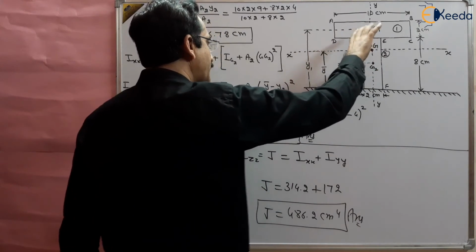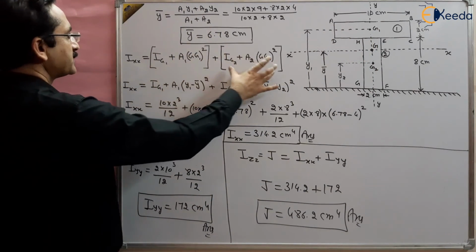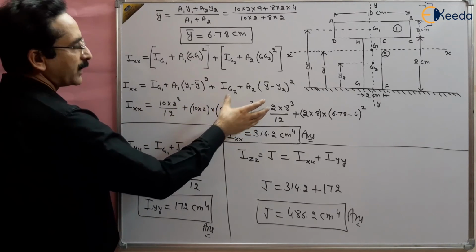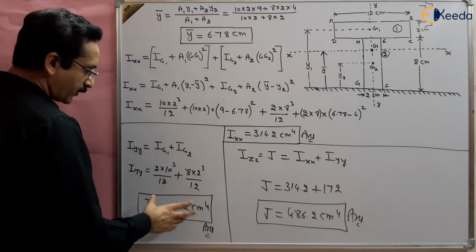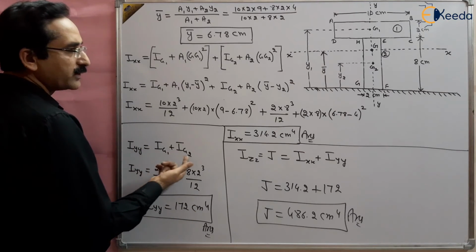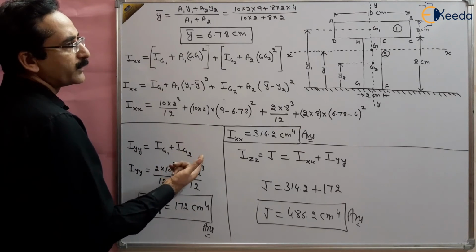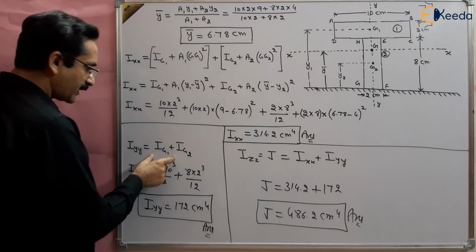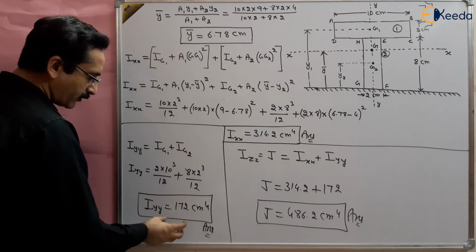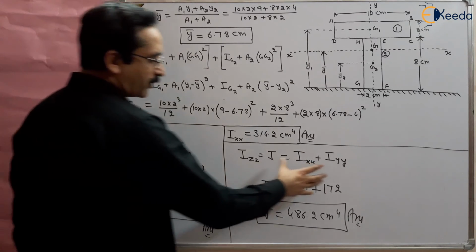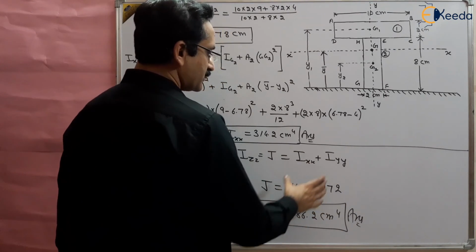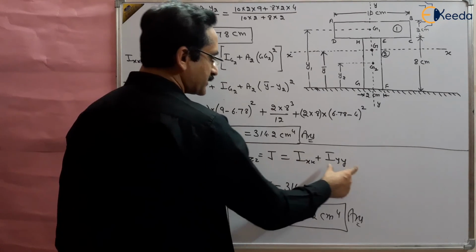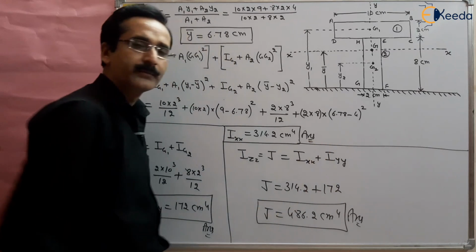For Iyy, there is no need for the parallel axis theorem, because the axis already passes through the centroid, so Ig1 plus Ig2 gives Iyy. Finally we got the polar moment of inertia using the perpendicular axis theorem, Izz equals Ixx plus Iyy, and you get the final result.